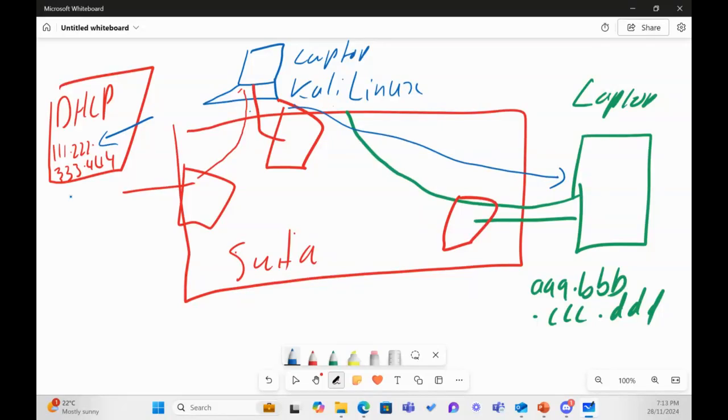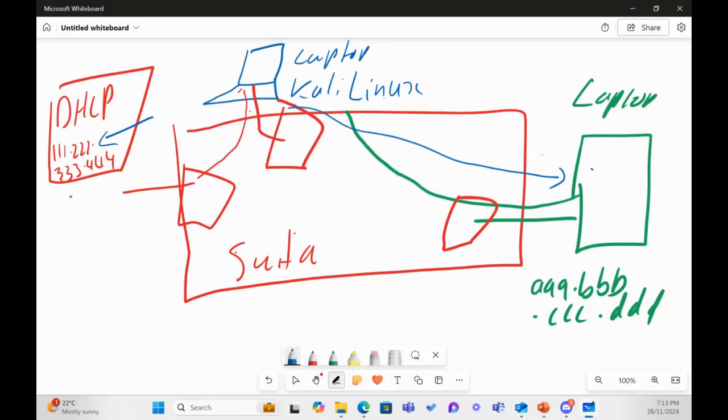That's my MAC address. Here you go. It will trick the laptop, and the DHCP won't even know what's going on. That is a MAC spoofing attack.